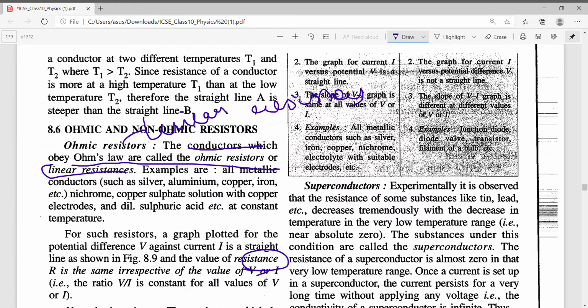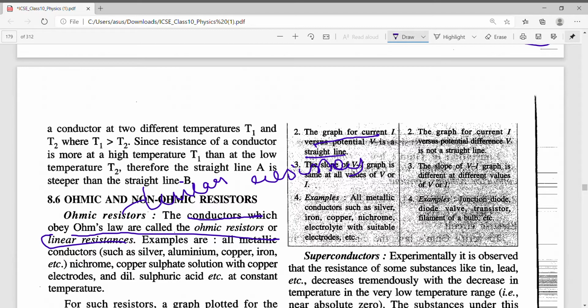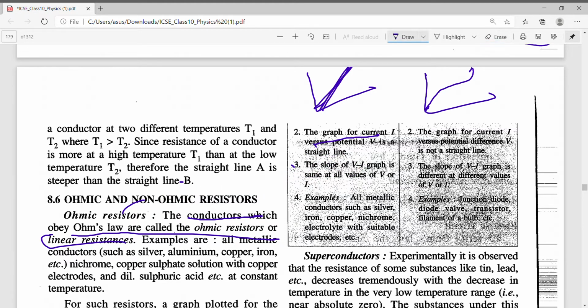So the graph for the current I versus potential V is a straight line, right? But on the other hand, the graph for a non-ohmic resistor is a curve, right? So the slope of the VI graph is the same at all values of I and V, but the slope of the VI graph is different at different values of V or I. Example: all metallic conductors, iron, copper, aluminum, sulfuric acid, right?